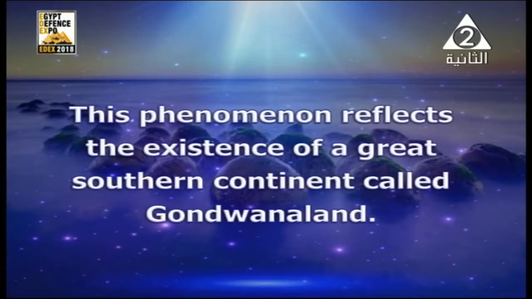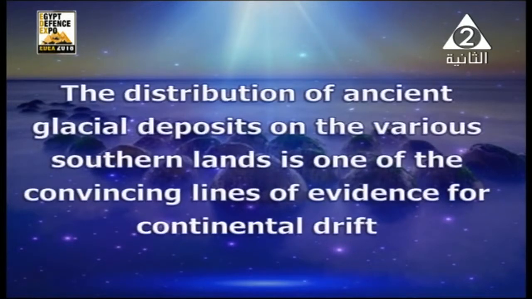This phenomenon reflects the existence of a great southern continent called Gondwanaland. The distribution of ancient glacial deposits on the various southern lands is one of the convincing lines of evidence of continental drift.